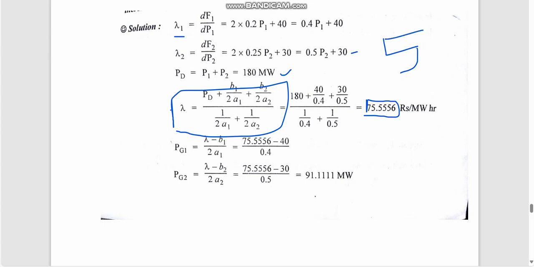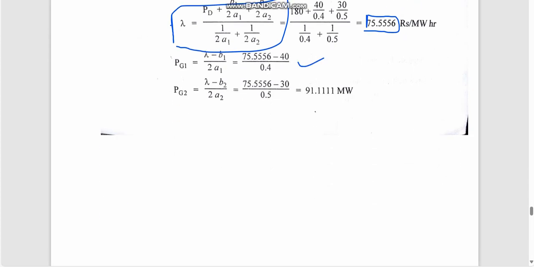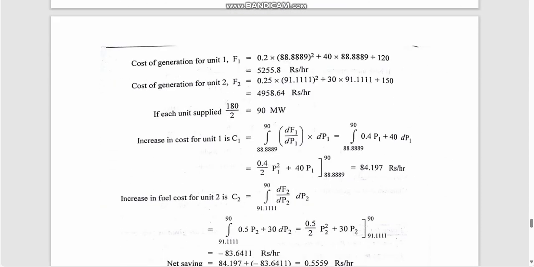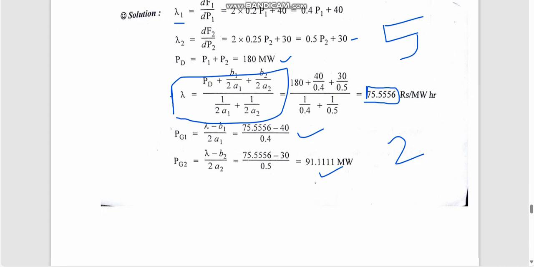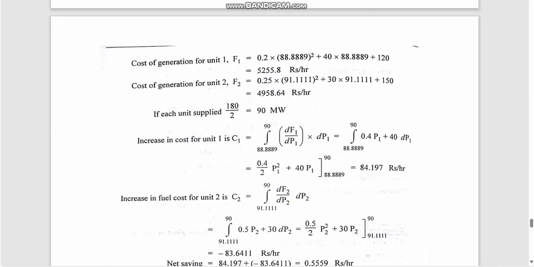Next, we have to calculate Pg1 and Pg2 with the help of lambda. After that, 2 marks are awarded for finding Pg1 and Pg2. Next, for the cost of generation of unit 1, substitute the value of Pg1 in the F1 equation and Pg2 in the F2 equation.